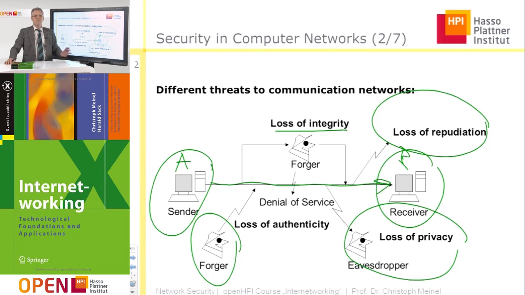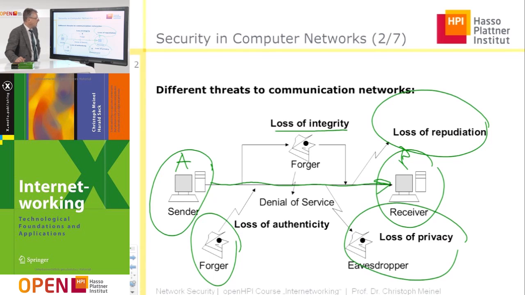And then when Bob says, now you received the goods you have ordered, please pay, then it's possible that Alice says, I never had ordered something. So the question is, can Bob prove that Alice has ordered something? So also the reputation can go away.